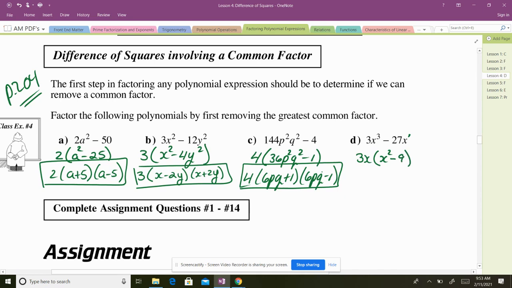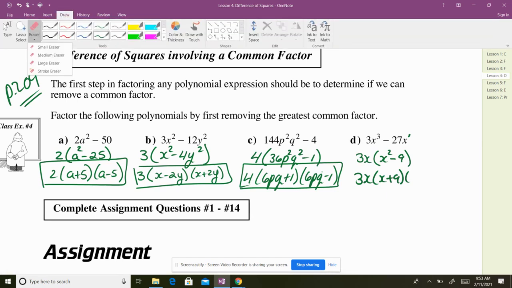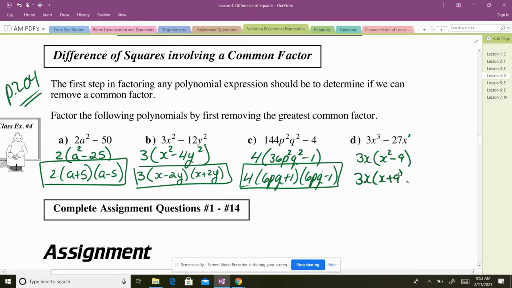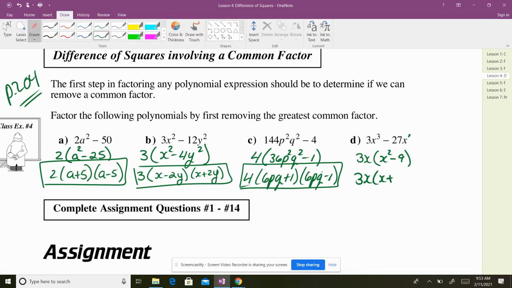And then that's a difference of squares. So 3x, x plus 9, or sorry, x plus 3, x minus 3. Okay, I got one more to show you.